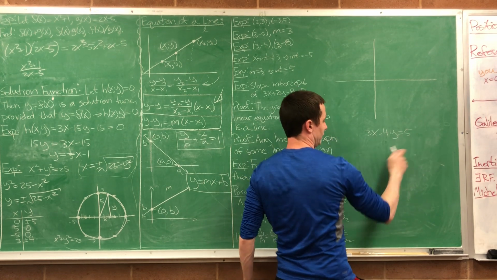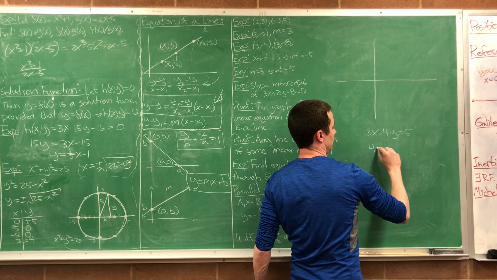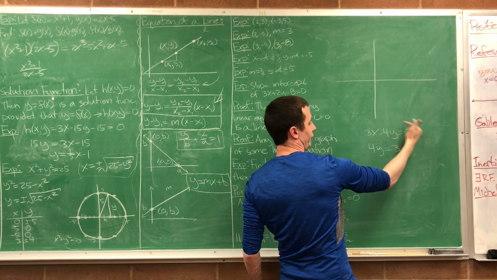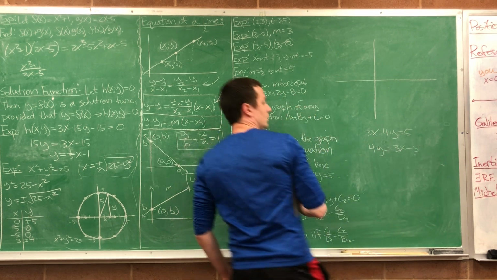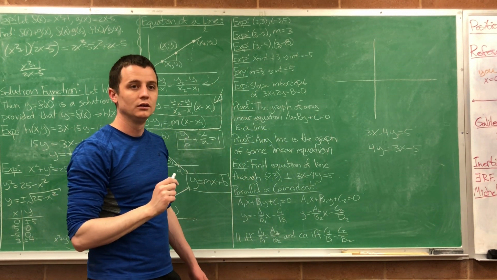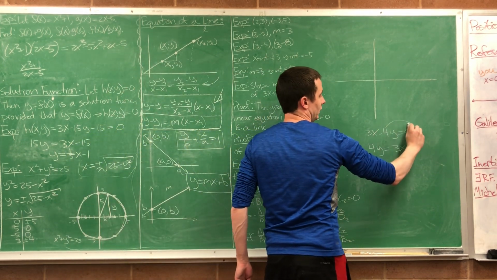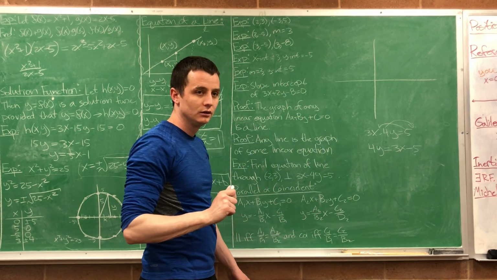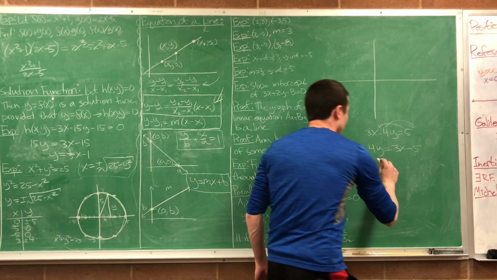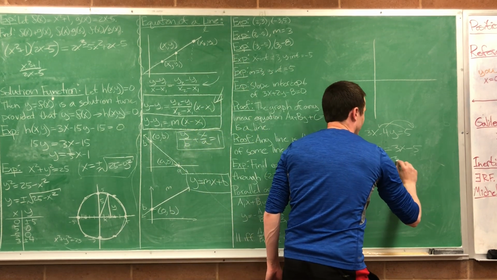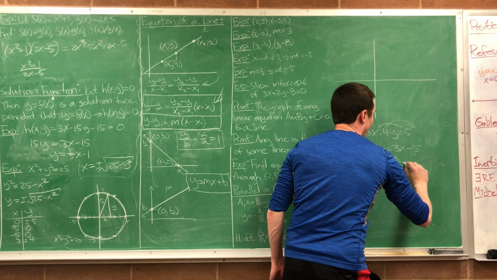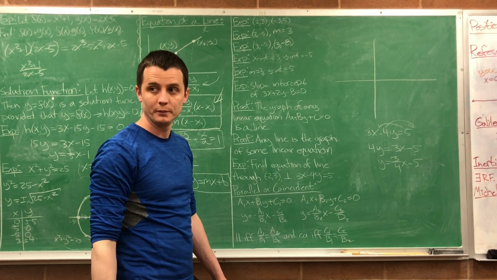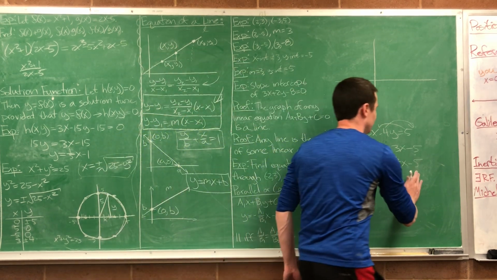So moving the y to the other side gives us 4y equals 3x, and then we move the 5 to the other side, minus 5. You follow that? Yeah. I moved the 4y over here, and I moved the 5 over here, and then wrote them backwards. Okay, solve for y, and we get y equals 3/4 x minus 5/4.